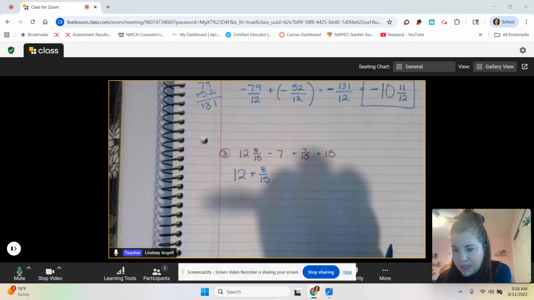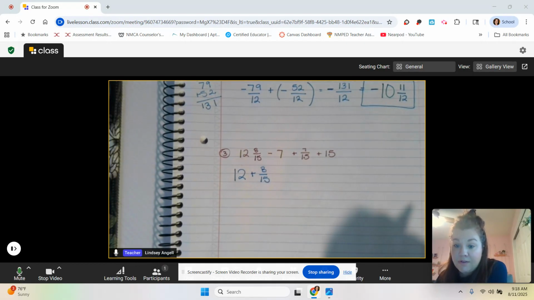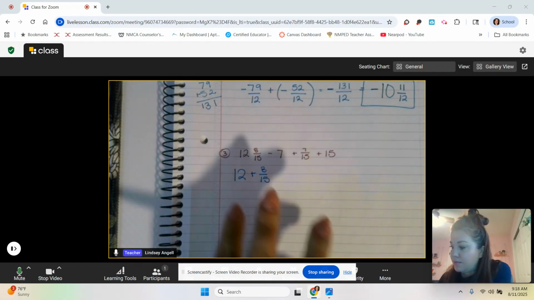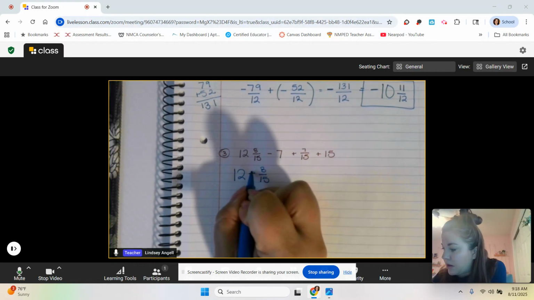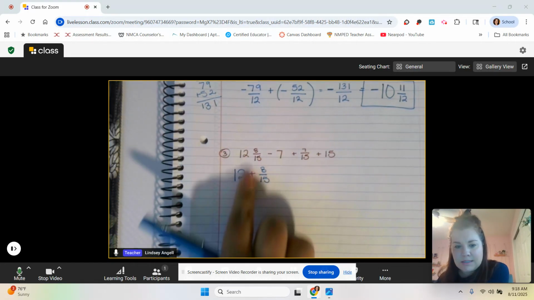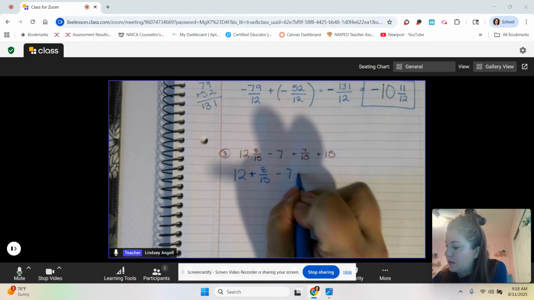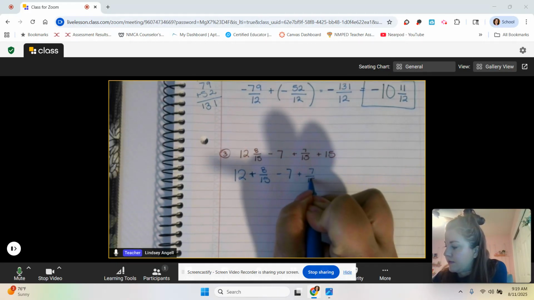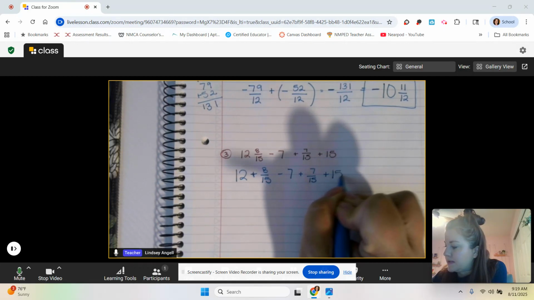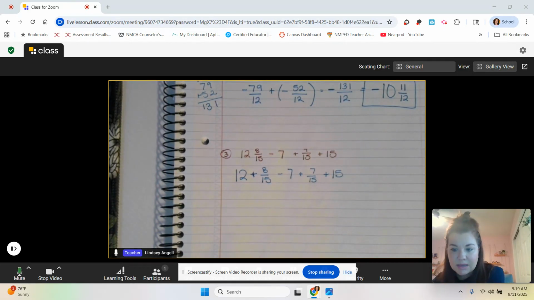Isn't that the same thing as 12 and 8/15? Right now I'm just adding them together. When I add them together, I get back to this. Same thing. Minus 7 plus 7/15 plus 15.